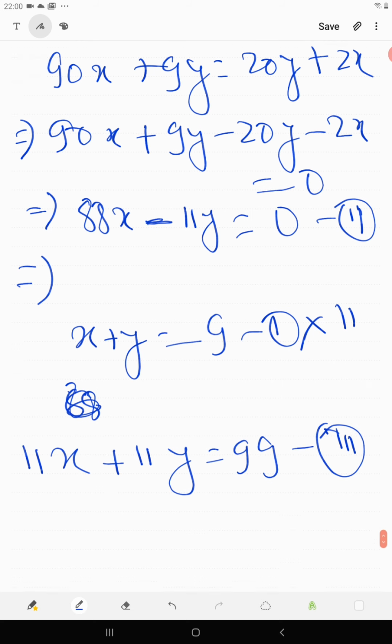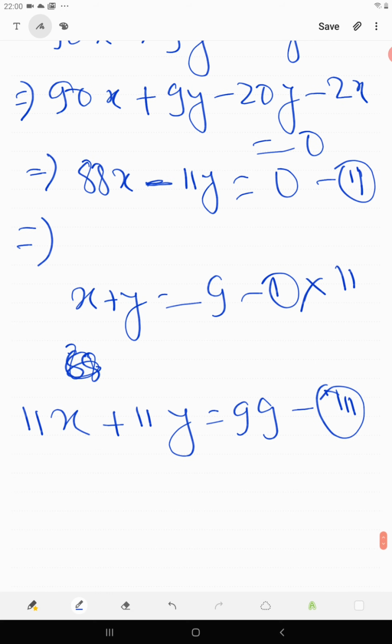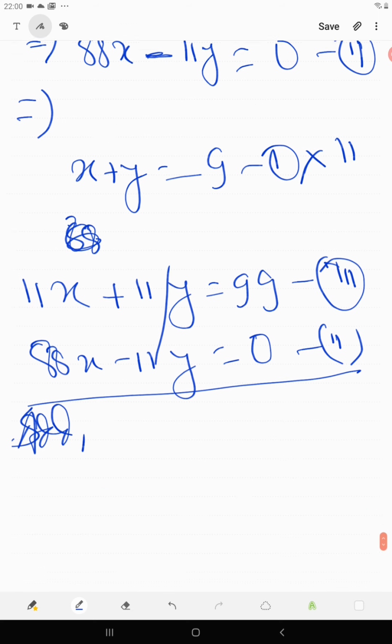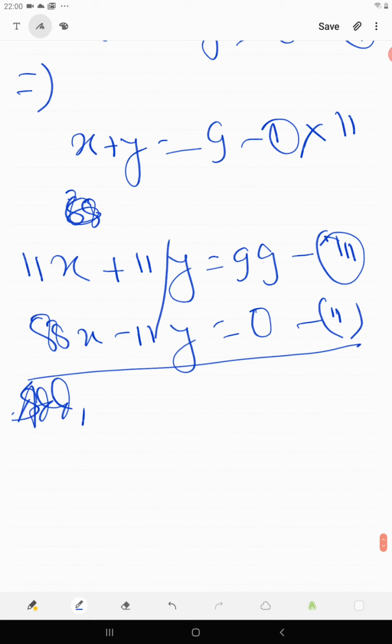Then multiplying equation 2 by 1, we get 88x minus 11y equals 0, this is our fourth. Now 11y and 11y are of opposite sign, so we add them up. By adding, there will be no sign change, so 11y will directly be cancelled.